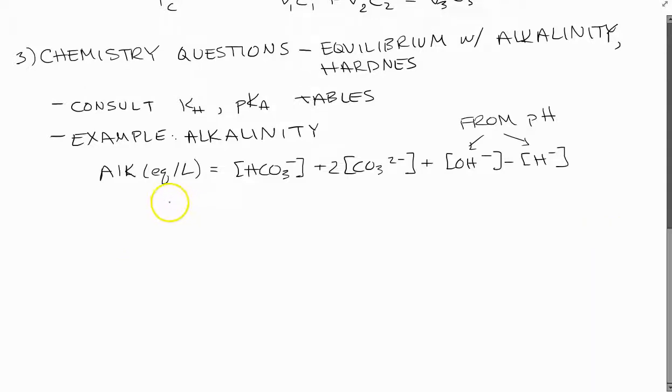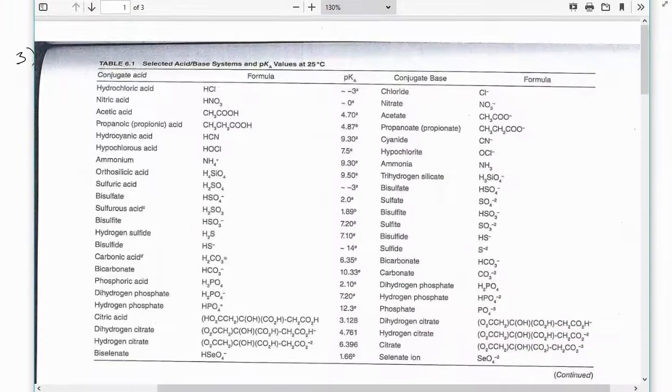In this particular table, they don't actually give you the chemical equations, but basically they're telling you that carbonic acid is going to lose its hydrogen, become bicarbonate, HCO3 minus, and this is the pKa for that equation.